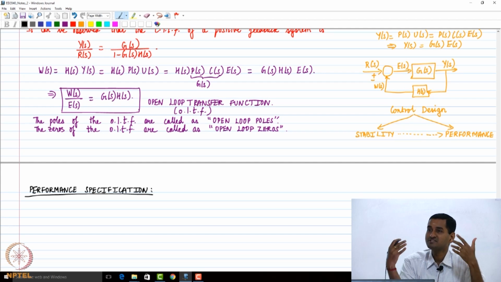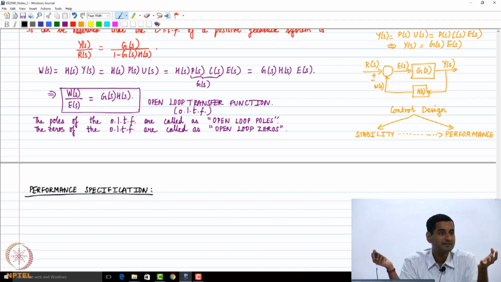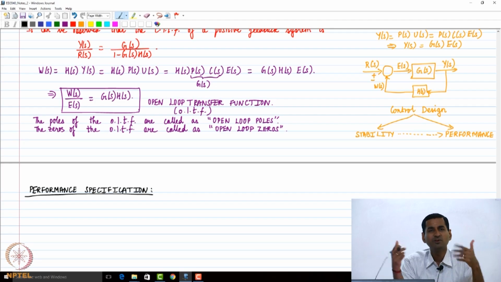Now, I have 60 controllers in my hand. How do I evaluate which is the best one? From a practical perspective, I need to evaluate, right? So what can be some parameters which I can use for evaluation? What do you think I can use as criteria for performance evaluation?